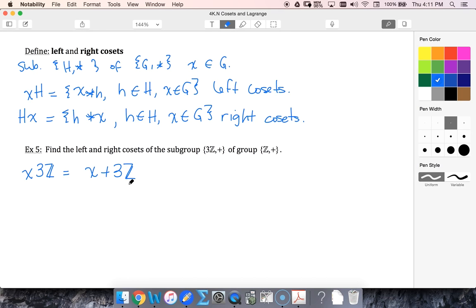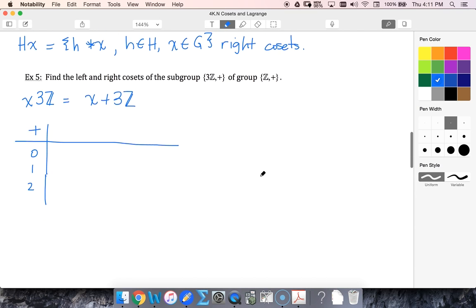If I think about making a Cayley table for this, we've got addition, and our values of x are going to go on our left-hand side. Obviously this is the whole group of integers, so I'm not going to list them all. I'll just start with 0, 1, 2, etc.